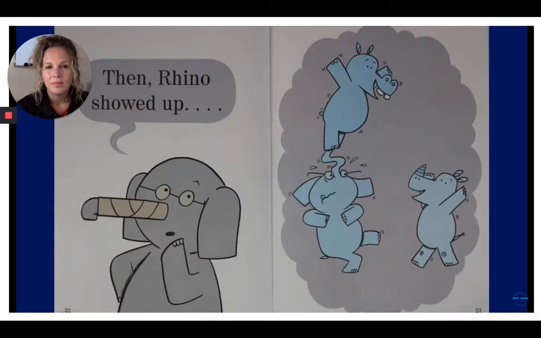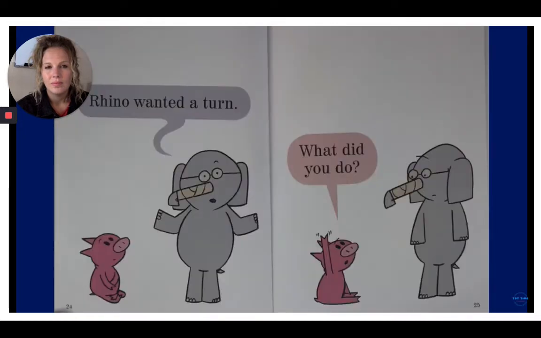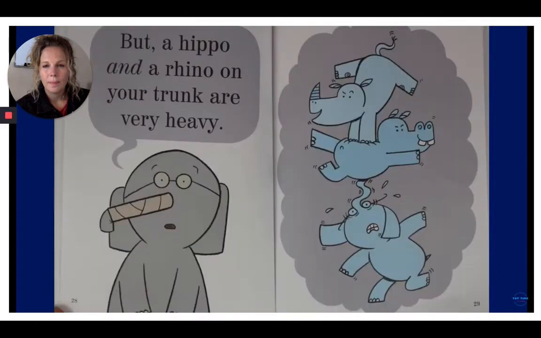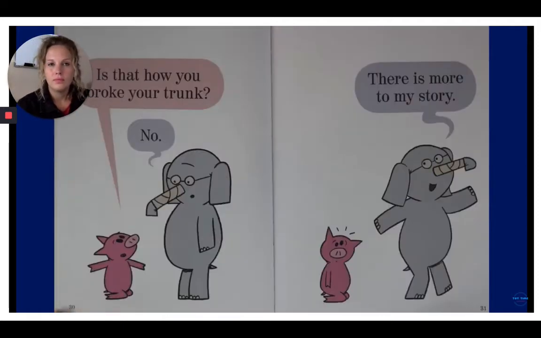Then Rhino showed up. Rhino wanted a turn. What did you do? I lifted both of them onto my trunk. But a hippo and a rhino on your trunk are very heavy. Is that how you broke your trunk?